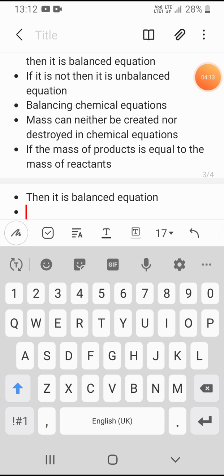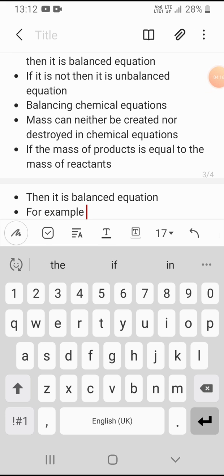Balanced equation. For example, let's give an example.